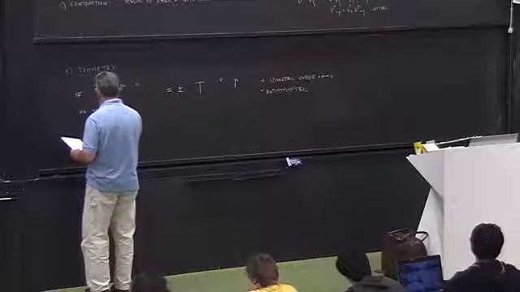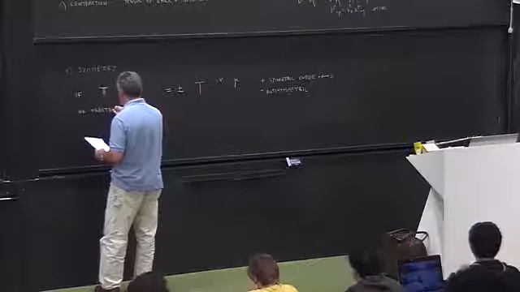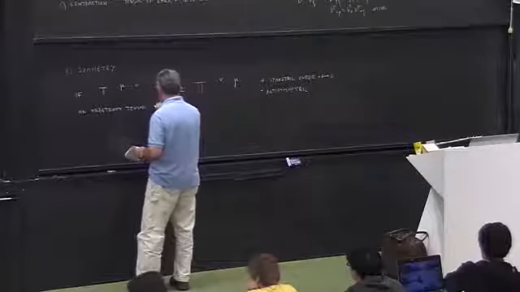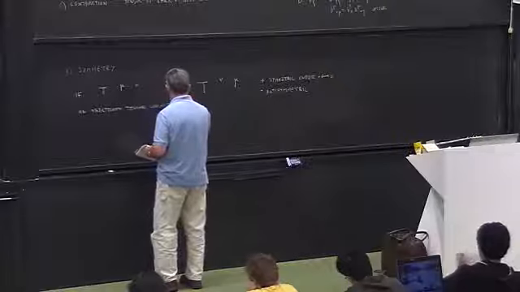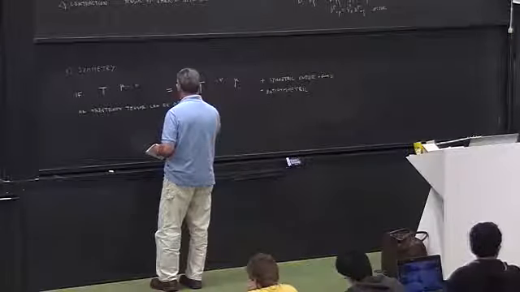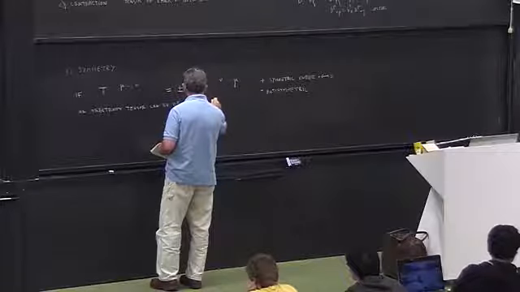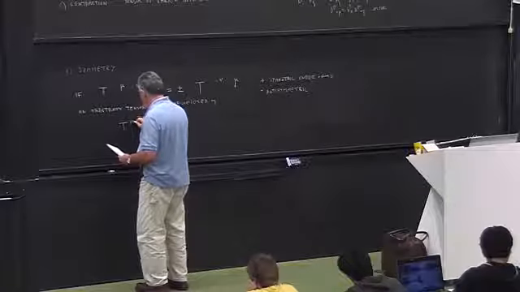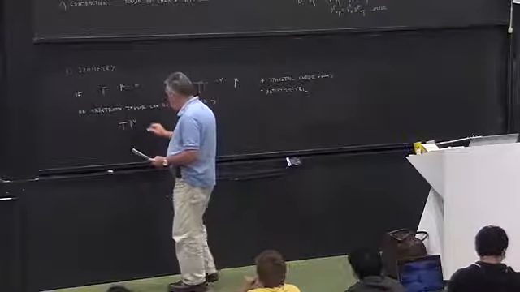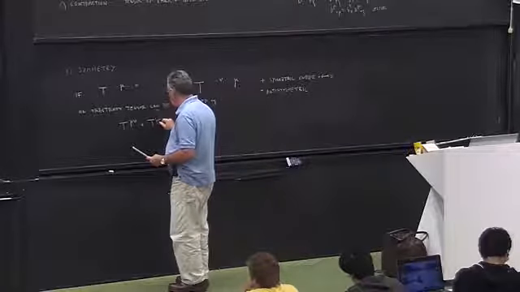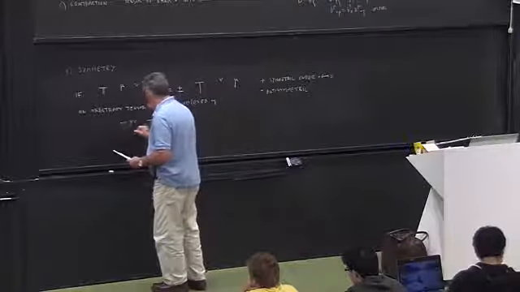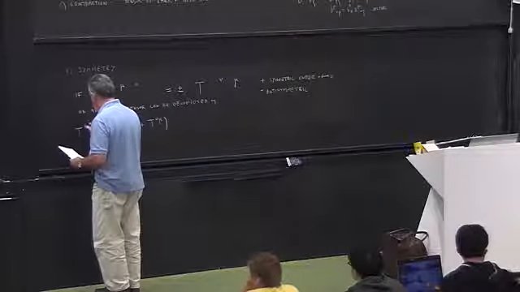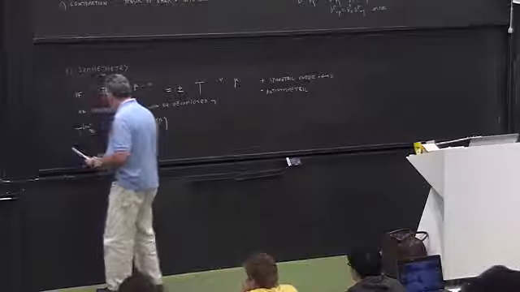An arbitrary tensor can be decomposed. For example, let's suppose we have a rank 2 tensor T mu nu. We can add the same tensor with its indices interchanged, divide it by two, and this is defined to be T mu nu with round brackets.